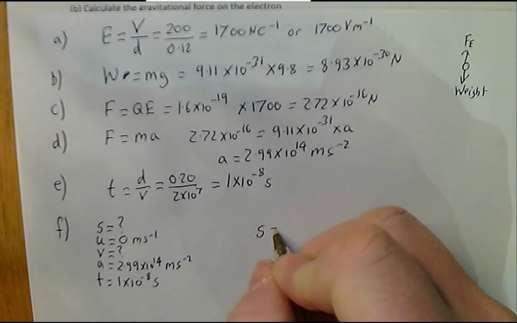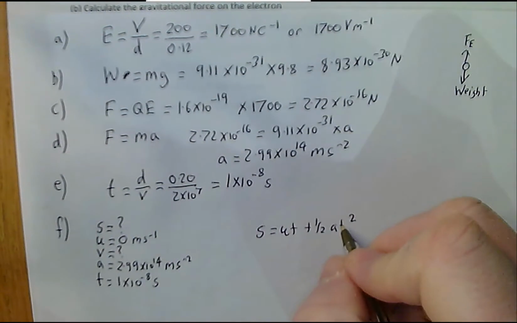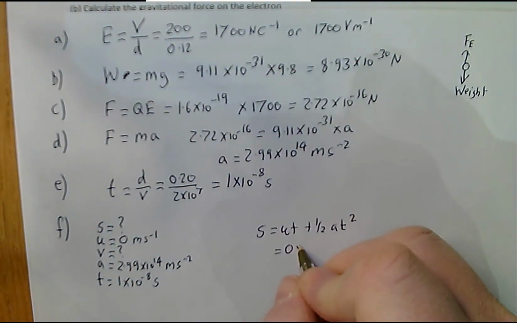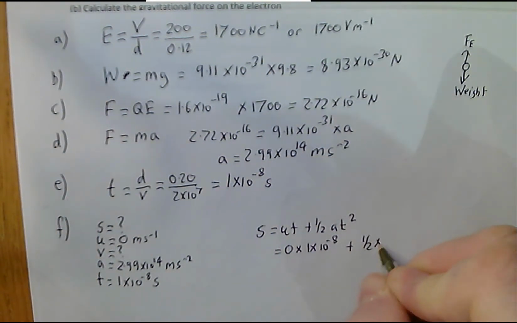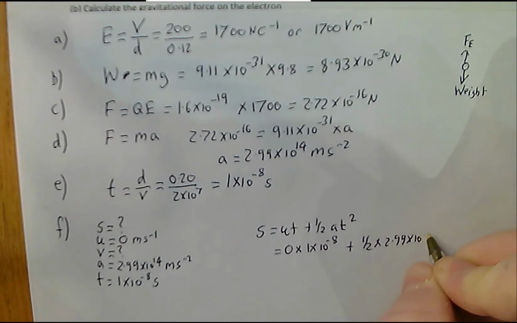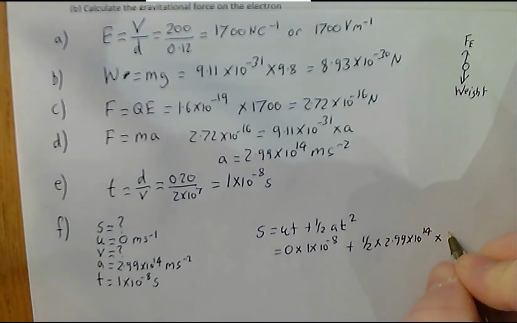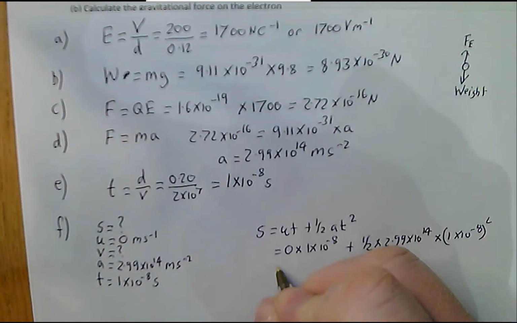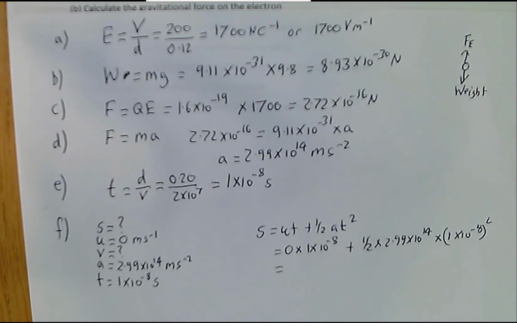So looking at equations of motion, we can see that we can work out the displacement from S equals ut plus half at squared. So u is our initial velocity, t is our time, a is our acceleration due to the unbalanced force acting upwards due to the electric field, and we substitute in all of those, and we end up with an answer for our displacement.